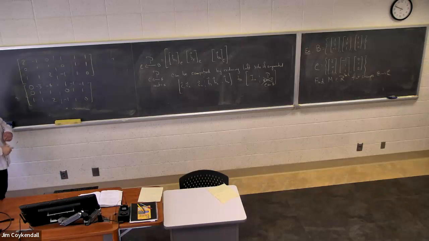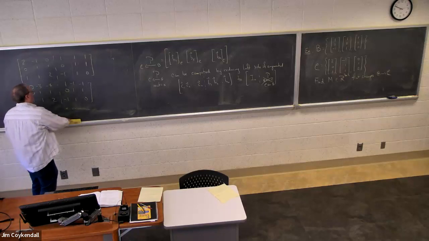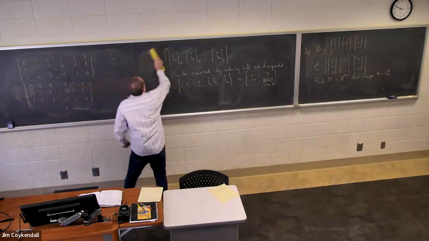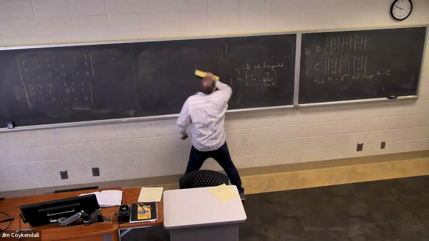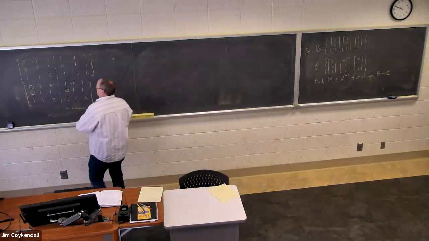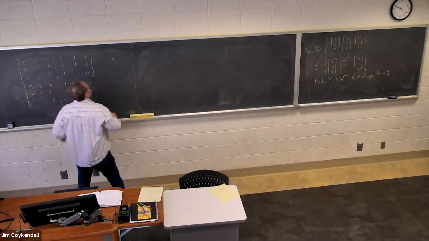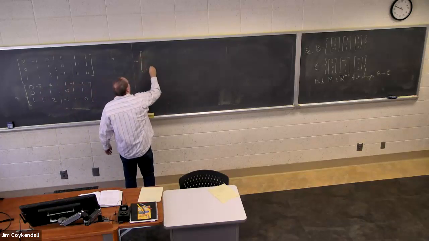Right, okay. And I'm gonna use this to take out this. So I'm gonna multiply this by 3 and add it to the top. So I'm gonna get 1, 1, 2.